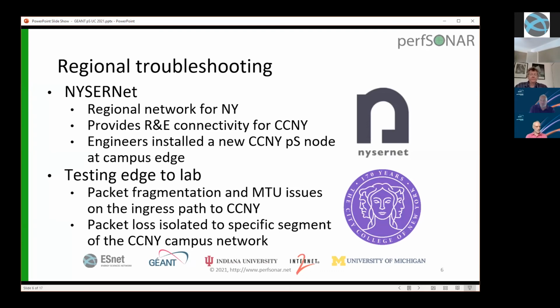So we had some odd issues where it wasn't an MTU black hole. Packets weren't just disappearing, but they were occasionally being fragmented in weird ways. But NREN got back to us and said, look, we've tested to their campus, we've tested to this researcher, and we've also tested outside to other places that are connecting to us, and we're positive that this problem is on the CCNY campus.